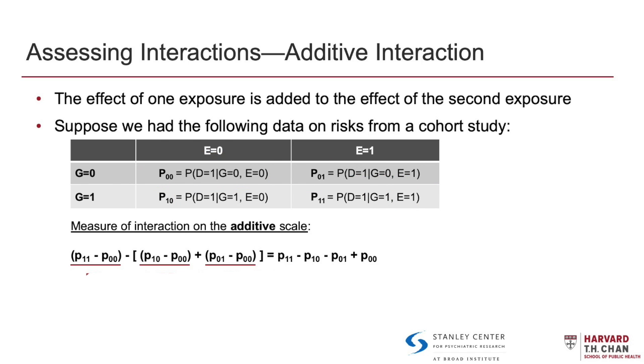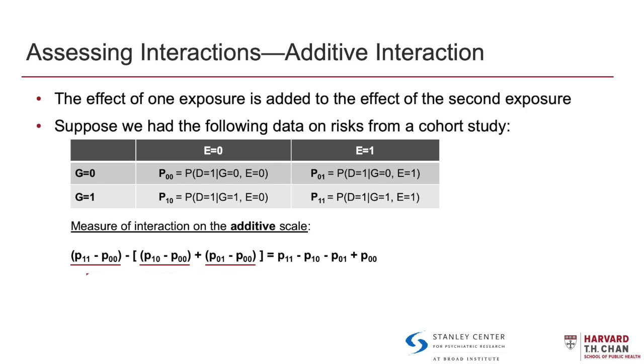So we can evaluate the presence of interaction, whether the effect of one exposure is added to the effect of the second exposure, using an additive scale or using a multiplicative scale. Let's look at how we assess the measure of interaction on the additive scale.